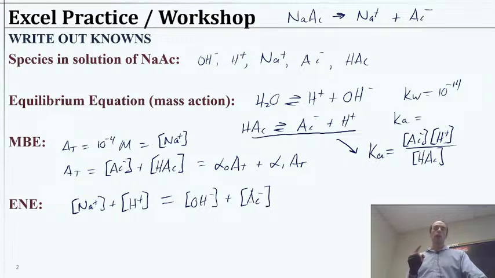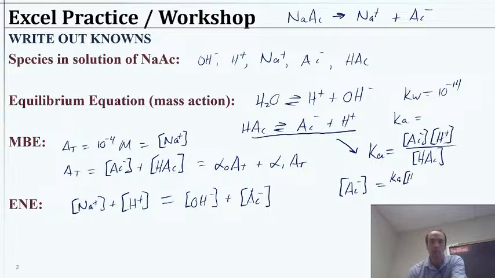So I'll rearrange this just a bit to show us how to solve this in terms of AC minus, first of all. So if we just solve in terms of AC minus, that way we could maybe substitute something. We multiply both sides by HAC, so this will be Ka times HAC divided by H plus.